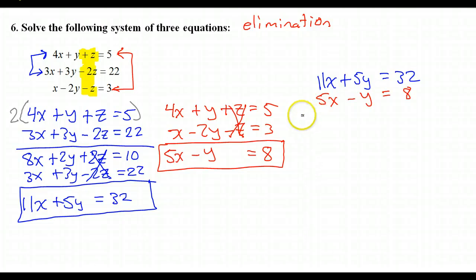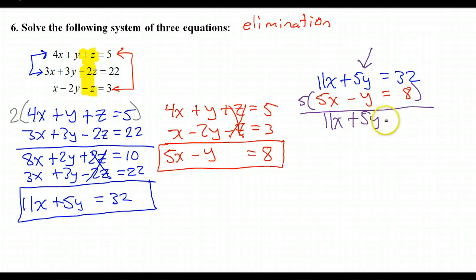Continuing by using elimination, I need to eliminate something. I'm going to start with the y's. If I multiply by 5, that'll make these opposites. Top equation stays the same: 11x plus 5y is equal to 32. But the bottom equation becomes 25x minus 5y is equal to 40.